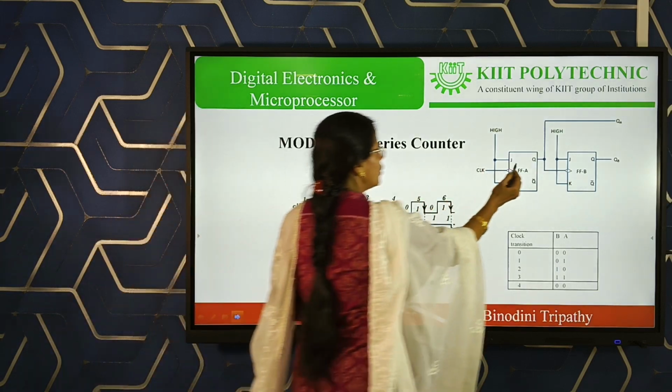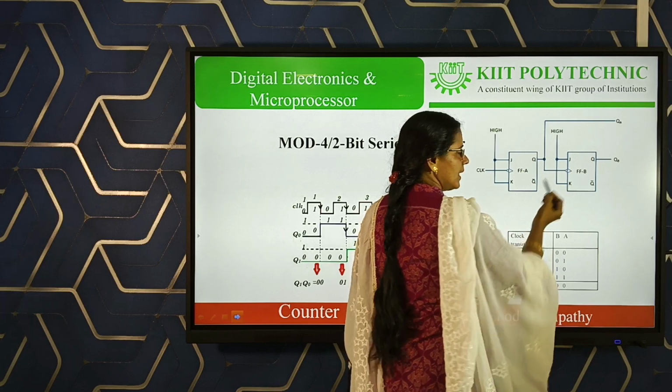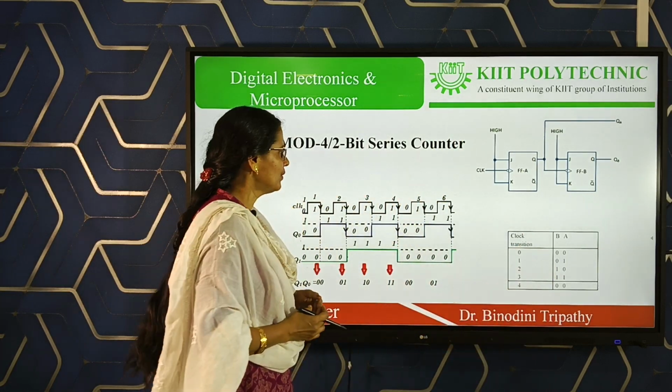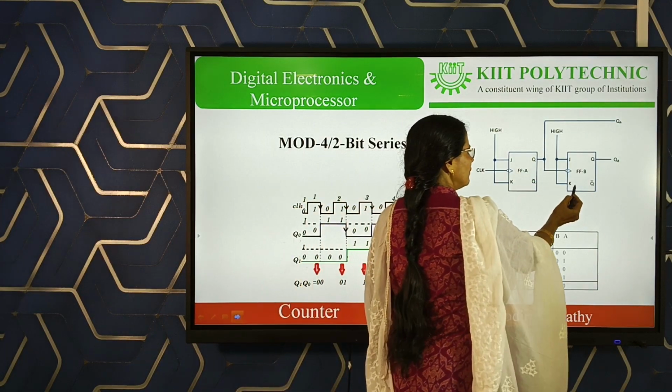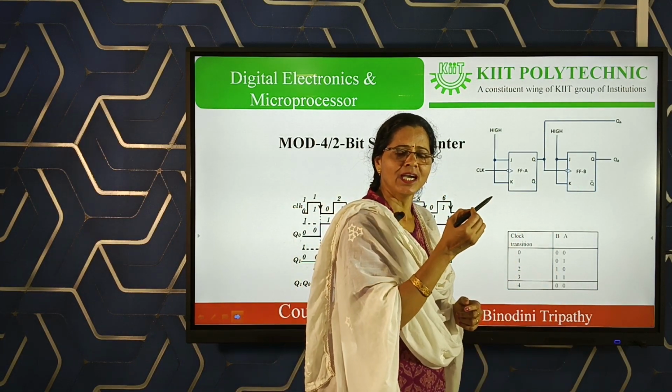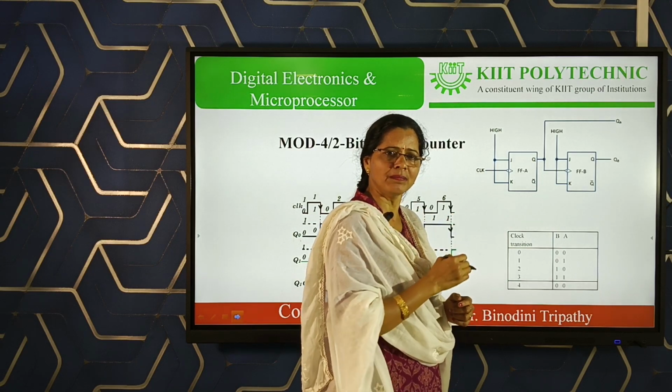Similarly, the output of flip-flop A is acting as the input for the second flip-flop. So your second flip-flop will change state at each negative edge of the output of the first flip-flop.